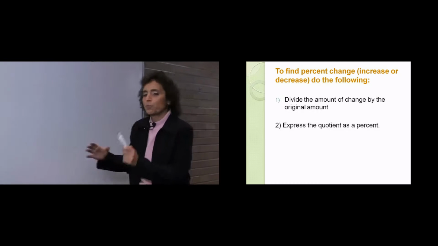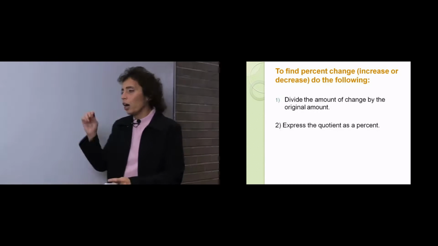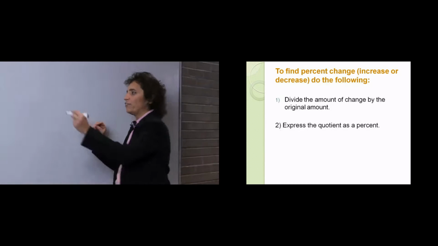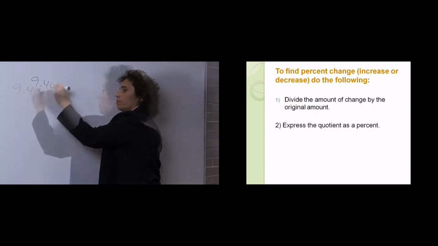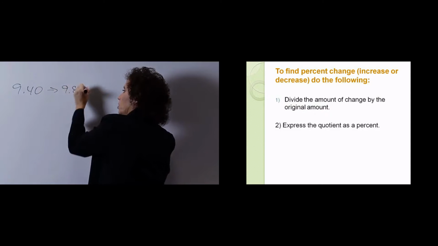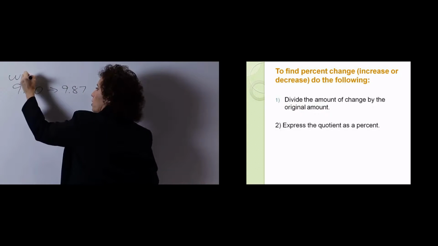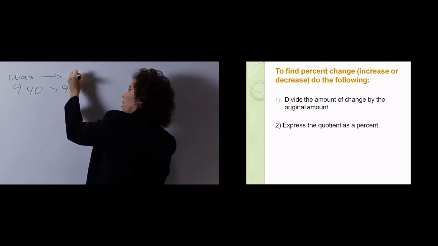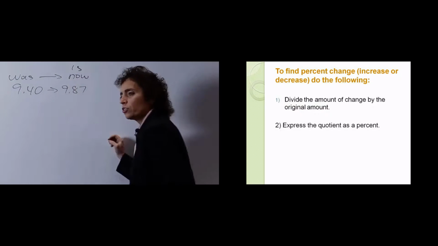Okay, let's take a look at Brad. His salary went from $9.40 an hour to $9.87 an hour. So this is what it was. This is what it is now. So here's what we're going to do.